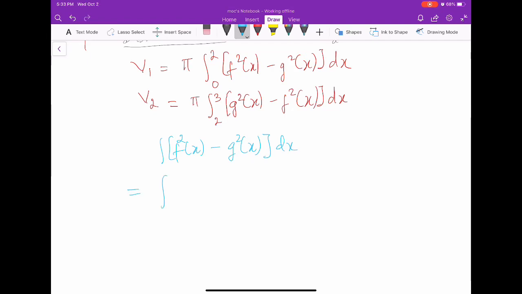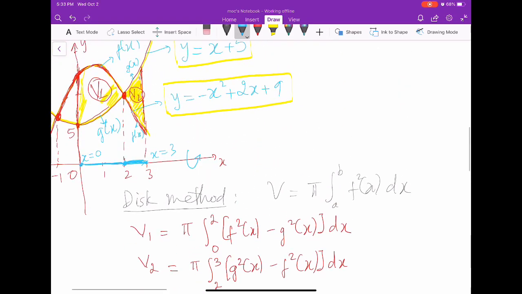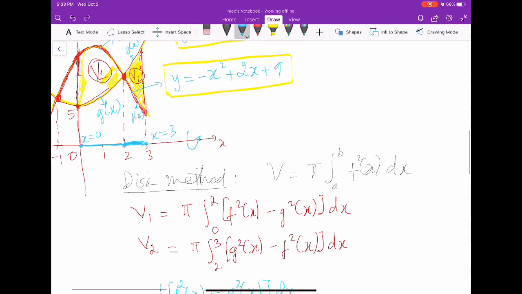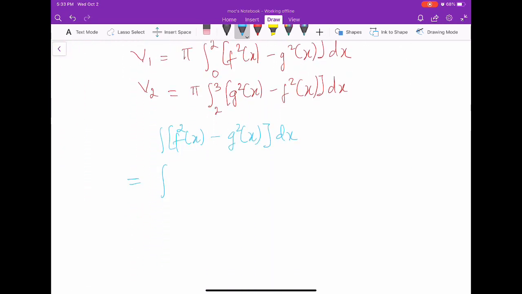So I have this integral, f of x is negative x squared plus 2x plus 9. I have the integral of negative x squared plus 2x plus 9, squared, dx, minus the integral where g is x squared plus 5, squared, dx.